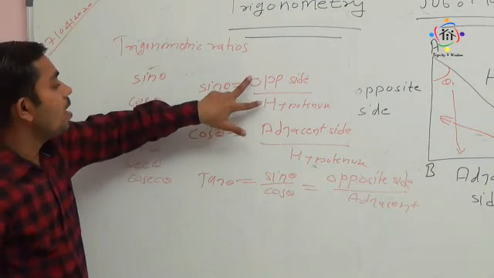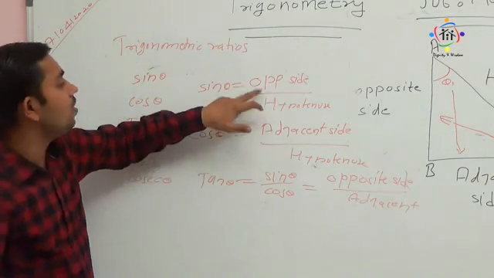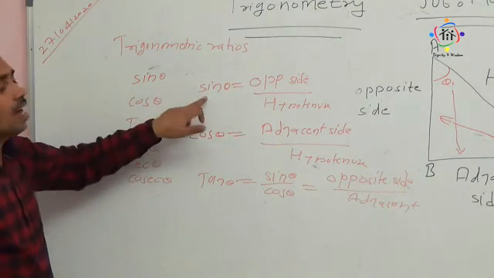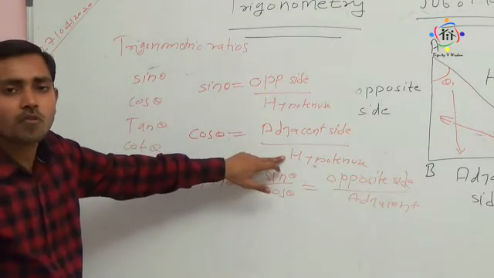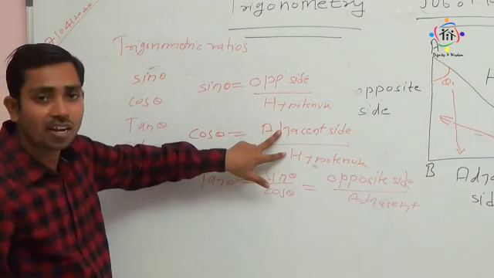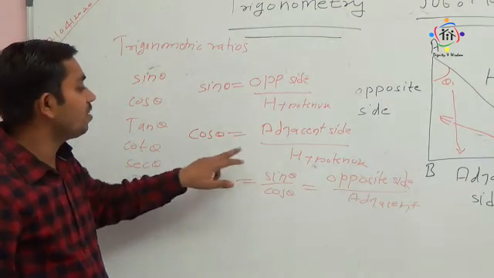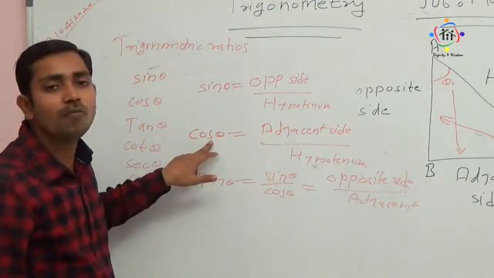That means when the numerator goes into the denominator and the denominator into the numerator, it becomes the formula for cosec theta. When we take the reciprocal of this ratio, hypotenuse by adjacent side, it becomes the formula for sec theta.